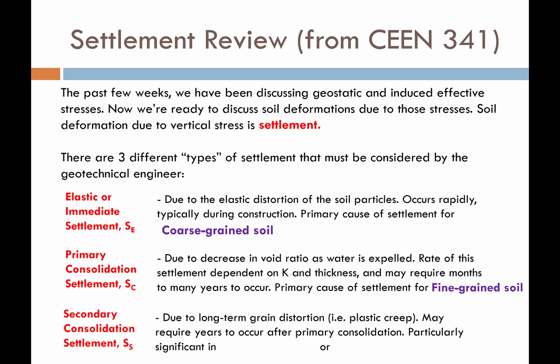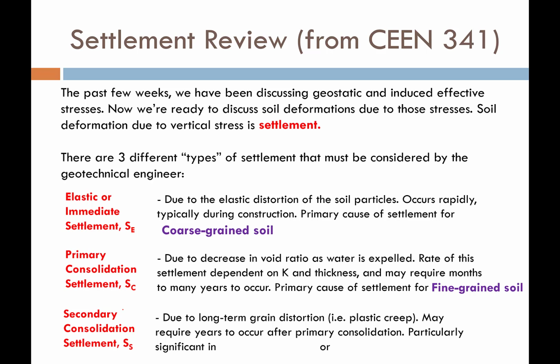The third type of settlement is secondary consolidation settlement, represented as an S sub S. This is due to long-term distortion of the soil due to decomposition of the soil, chemical changes in the soil, or plastic creep. The interesting thing about secondary consolidation is that it is always present, and there's really nothing we can do to eliminate it or make it go away.